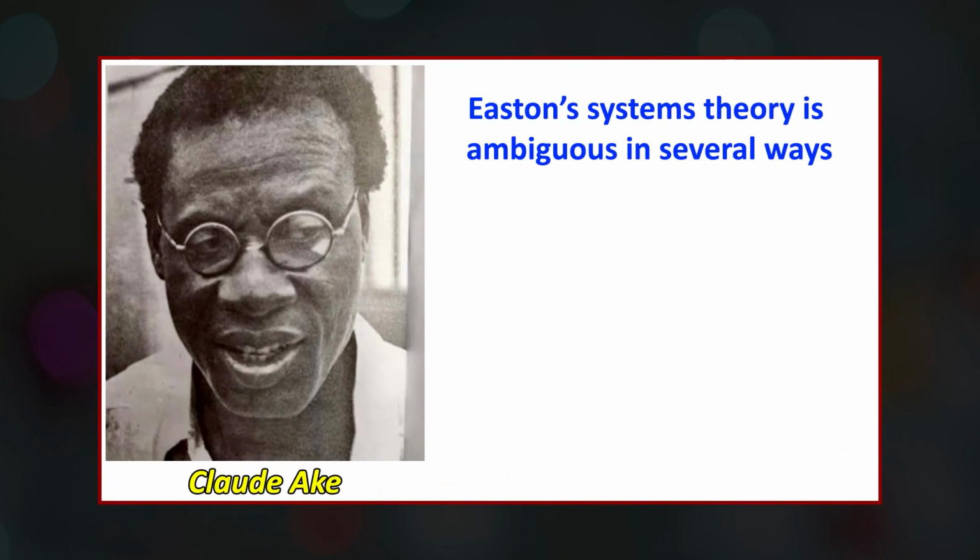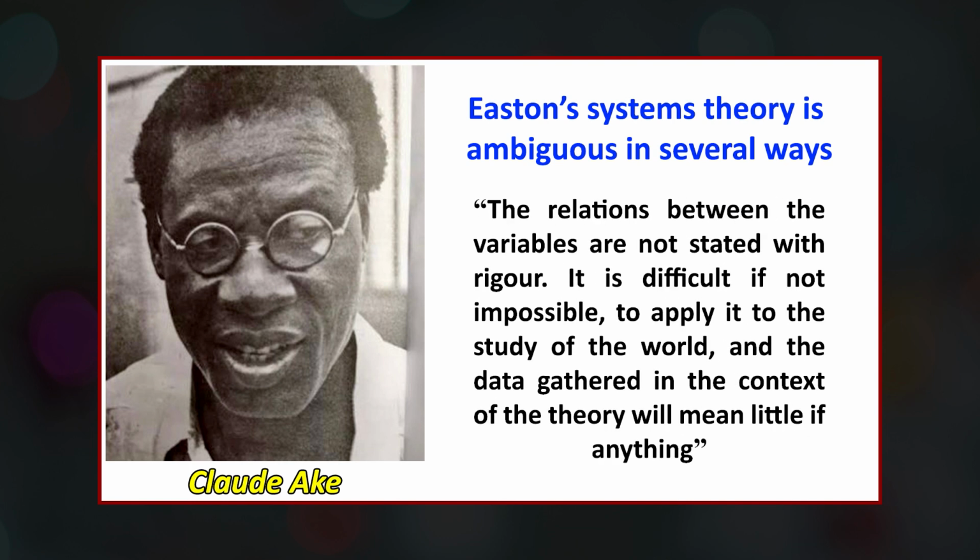It has been observed by Claude Ake that Easton's system theory is ambiguous in several ways. The relations between the variables are not stated with rigor. It is difficult, if not impossible, to apply it to the study of the world, and the data gathered in the context of the theory will mean little, if anything.